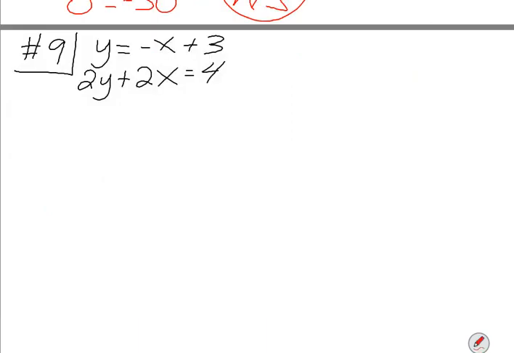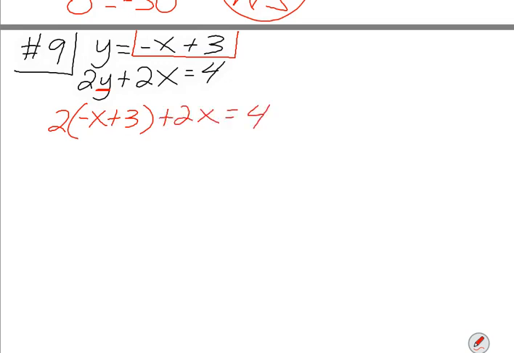All right, on number 9, it is already written y equals an expression. So I'm going to substitute the negative x plus 3 into the y. So this will be 2 times negative x plus 3 plus the 2x equals 4.